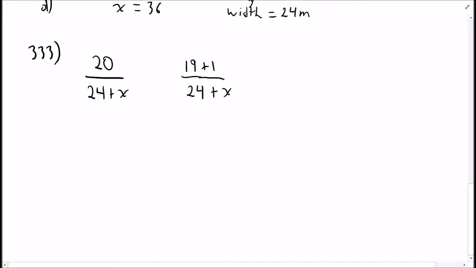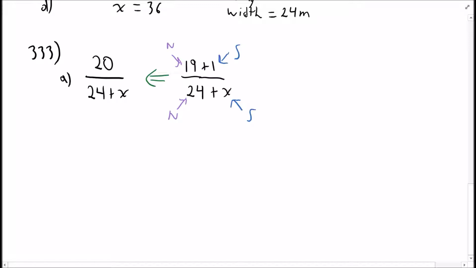So there's 24 from the North Island plus however many from the South Island. Note, this is the north, and this is the north. So if I add on how many are voting from the south, that gives me the combined expression of 20 over 24 plus x.